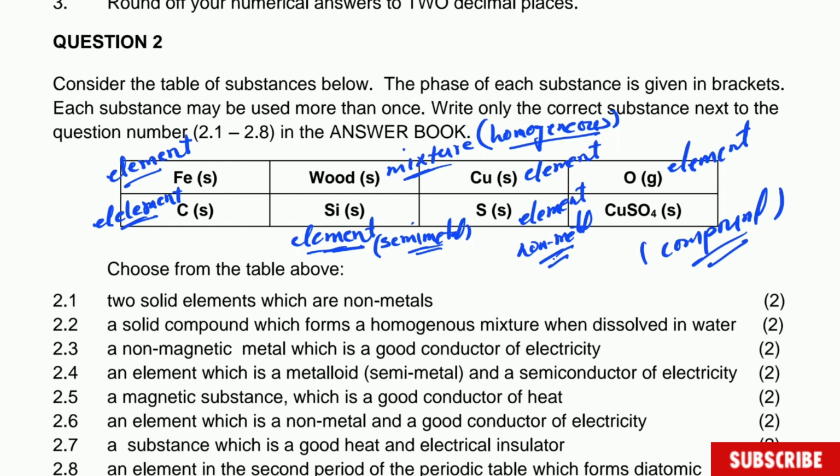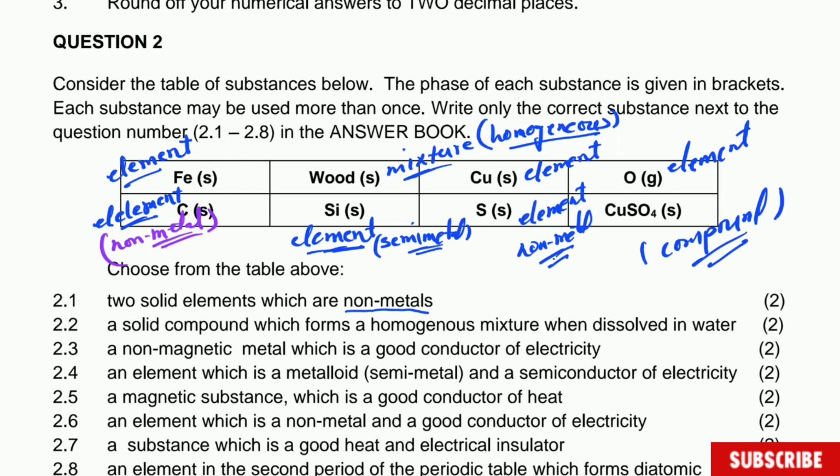Now we can say, choose from the table above two solid elements which are non-metal. Most of them are solid, but two elements that are non-metal. So non-metals, here we have carbon. Carbon is a non-metal.